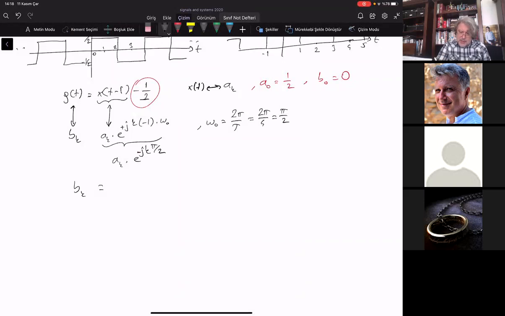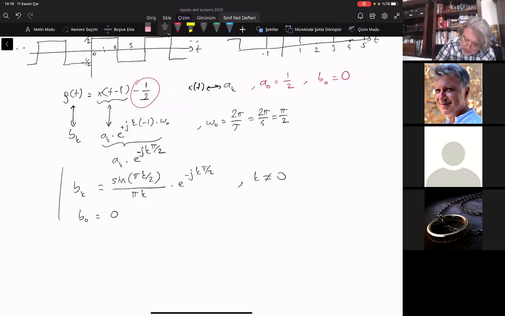Do we remember what AK is? Well, you can check out the answer from the first question. It is sine times pi k over 2 over pi k. So I have to multiply this by e to the minus j k pi over 2, of course, for k different than 0, and b0 is equal to 0.